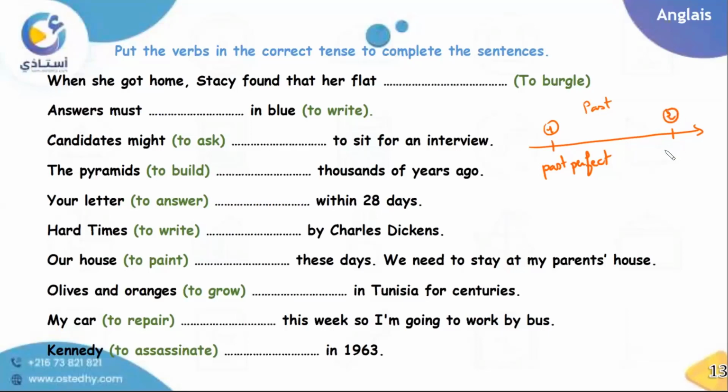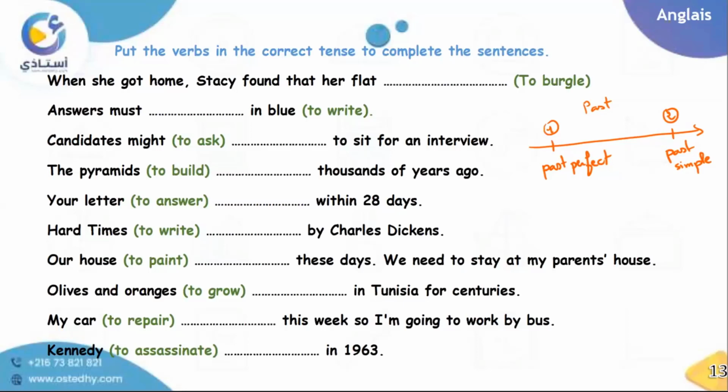The second one would be in the past simple. Okay, so that's the past simple, the normal one. If you want to say something had happened prior or before that action, we would use the past perfect. And that's how we use the past perfect.